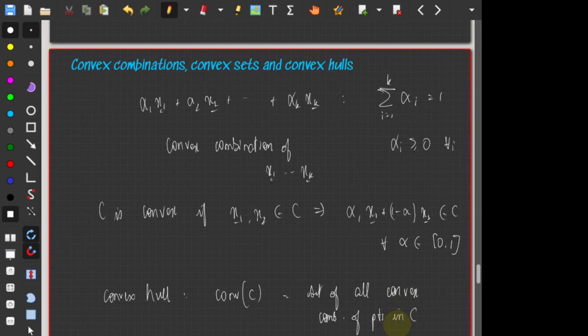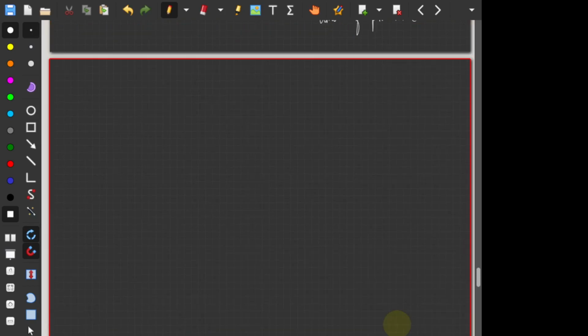So now let's go back to R2. Suppose I give 2 points. Remember that the affine hull of these 2 points was the straight line joining them. What is the convex hull of these 2 points going to be? It's just the line segment joining these 2 points.